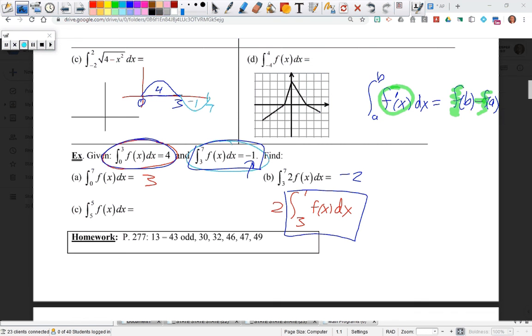Now listen, check this out. y equals mx plus b. You know that. b is my initial. y is my final. Do you agree? So mx is the accumulated change.